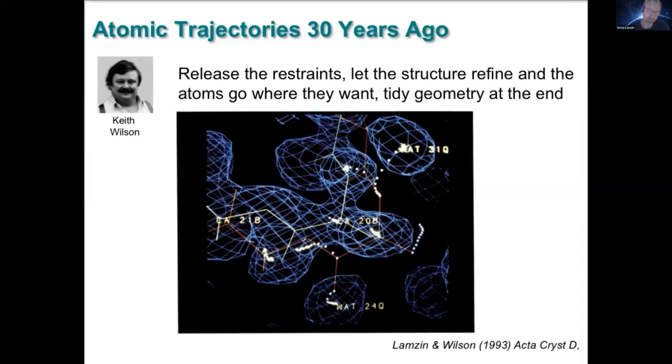Well, I thought of that and suggested, well, why not release restraints completely? And this is the picture which we published as a result of that CCP4 study weekend in the proceedings with Keith Wilson, which shows I was working on the structure at 2 angstrom resolution.